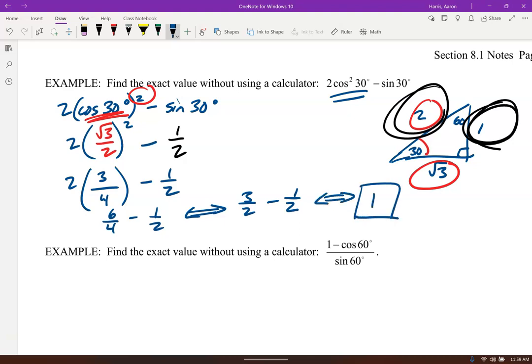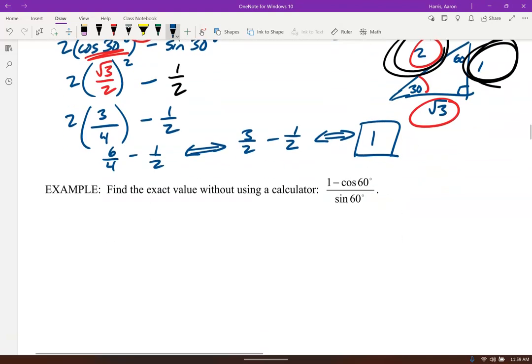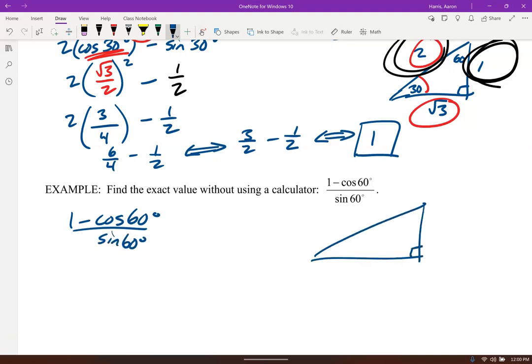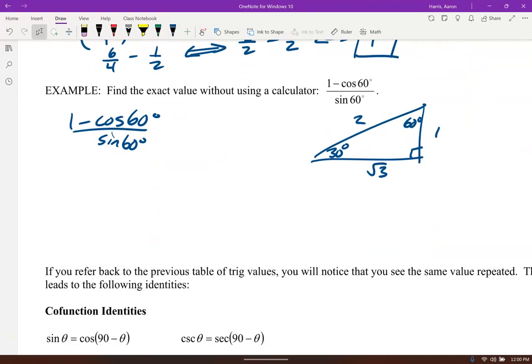Now let's go ahead and do 1 minus cosine of 60 degrees all over sine of 60 degrees. Actually, I take that back, I'm going to do it with the unit circle first.